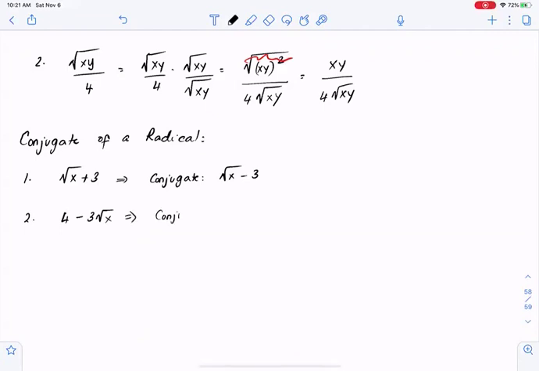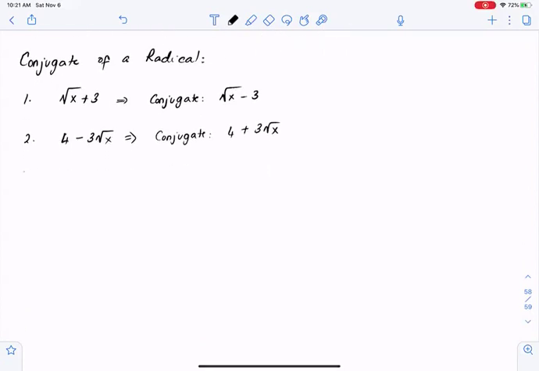The conjugate would simply be 4 plus 3 root x. Suppose we have root x plus root y, the conjugate would be root x minus root y.